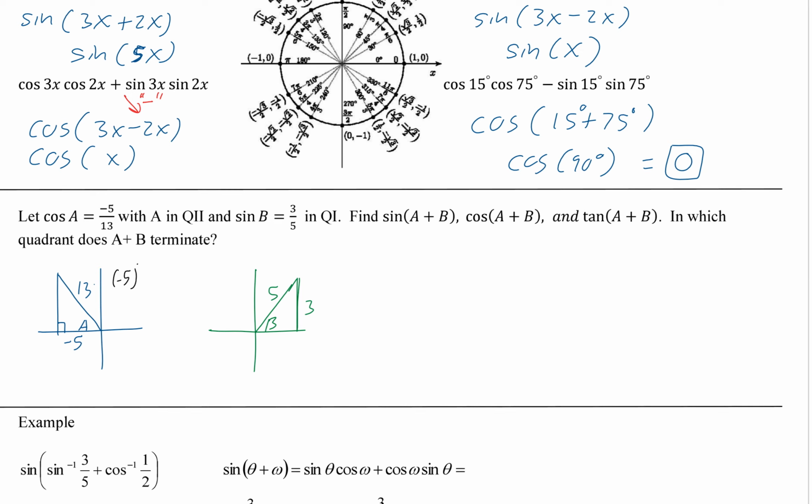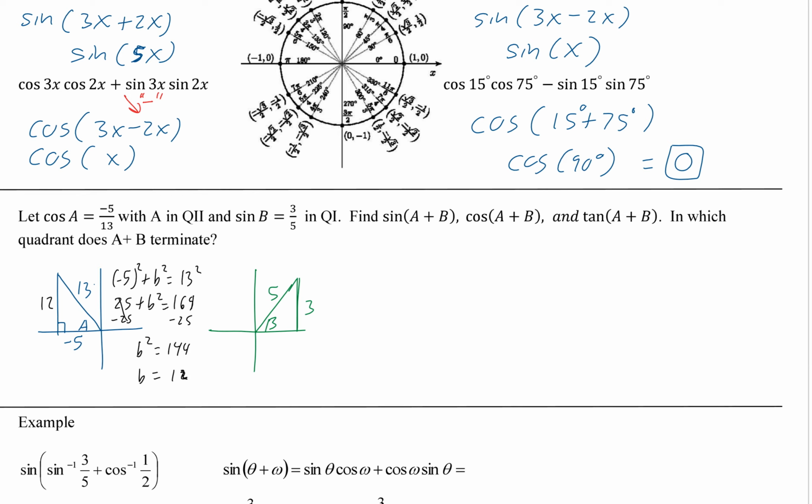All right, a little Pythagorean theorem. Negative 5 squared plus b squared equals 13 squared. So b is 12. And that's where that positive and negative comes in. So again, it's quadrant 2, so it's positive 12. And if it had been quadrant 3, it would have been negative 12.